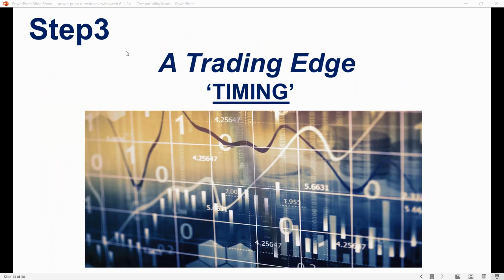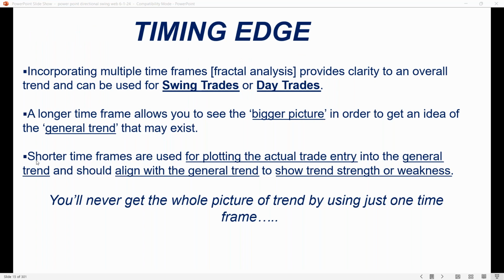Now, step three is that timing edge. Direction is key, and then you really need a good edge, good entry timing, and timing on your exits. By incorporating multiple time frames, which we refer to as fractal analysis, this is going to help provide clarity to an overall trend and can be used for your swing trades, day trades, or even longer term macro trades.